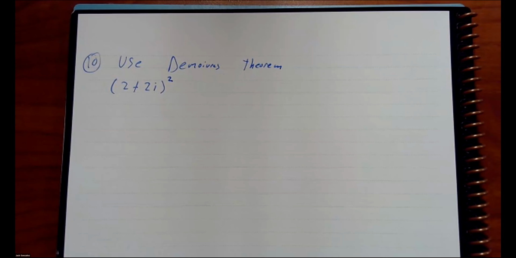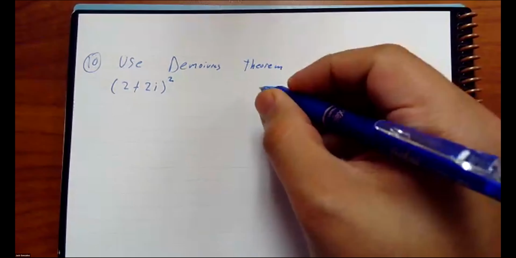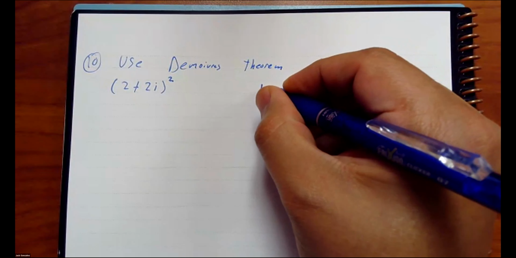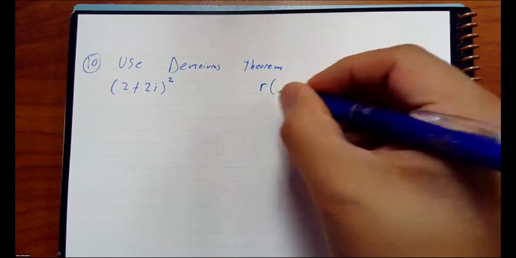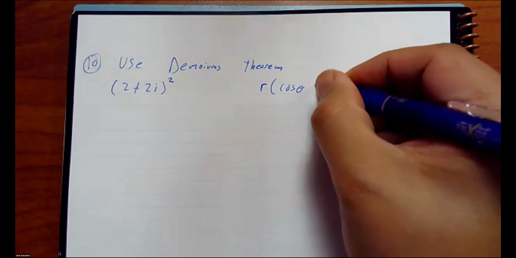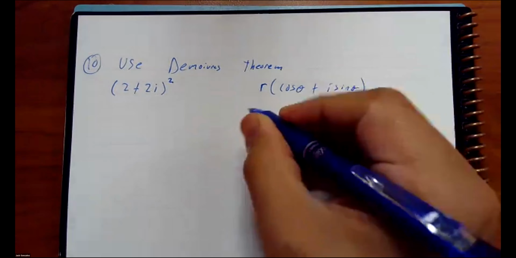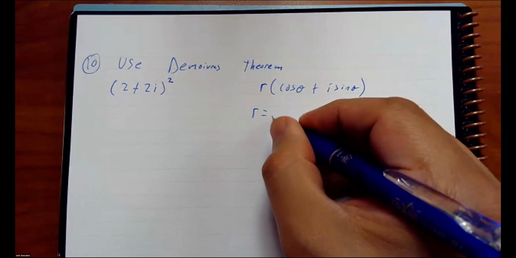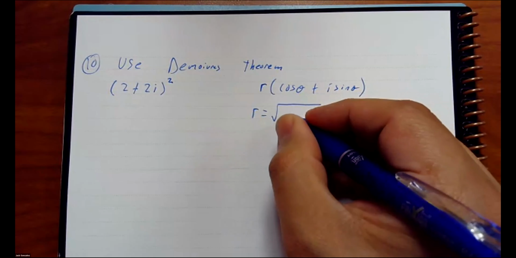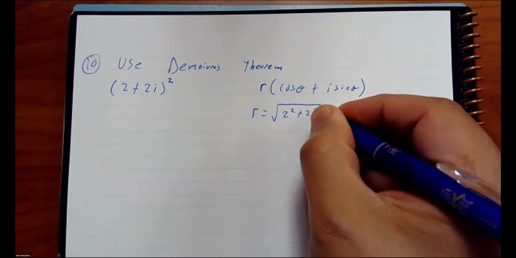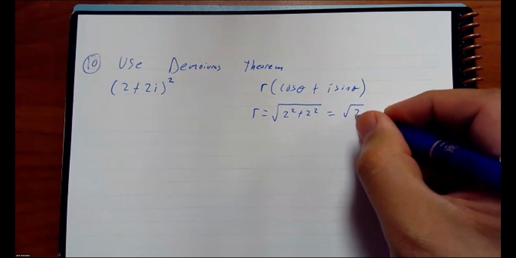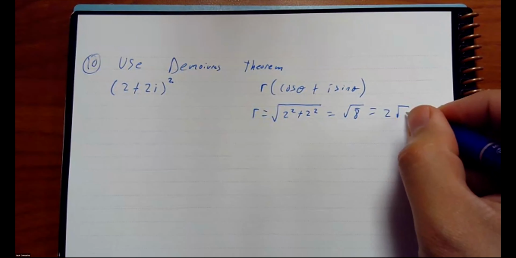Okay, so on this one, you want to change it to trig form first, and then take advantage of that formula. So in order to change it to trig form, we need to use this. So r is equal to the square root of 2 squared plus 2 squared, which is square root of 8, which is 2 square root 2.